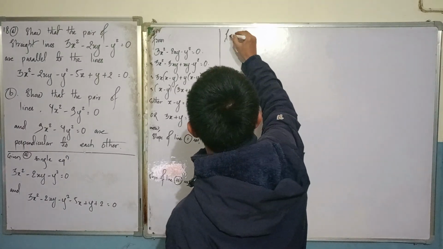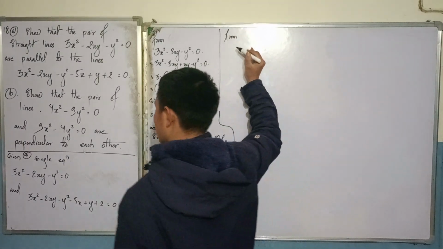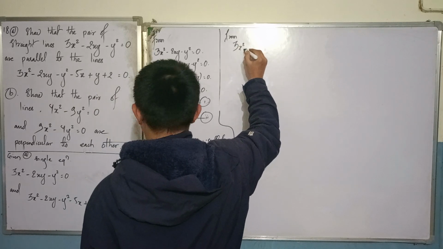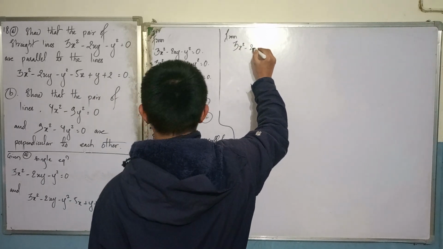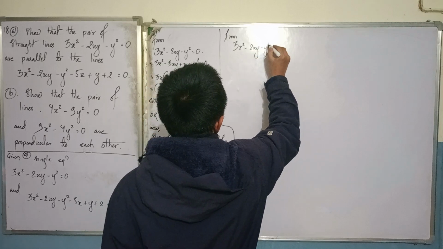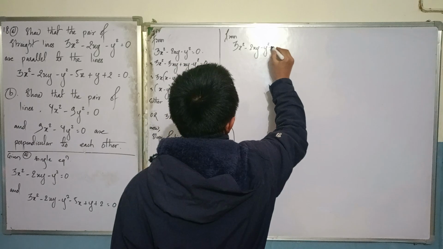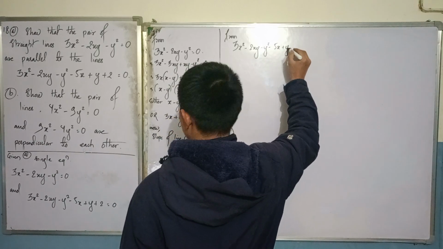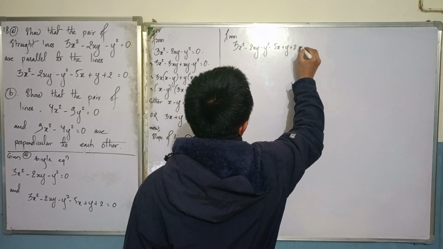And from another equation, 3x squared minus 2xy minus y squared minus 5x plus y plus 2 is equal to 0.